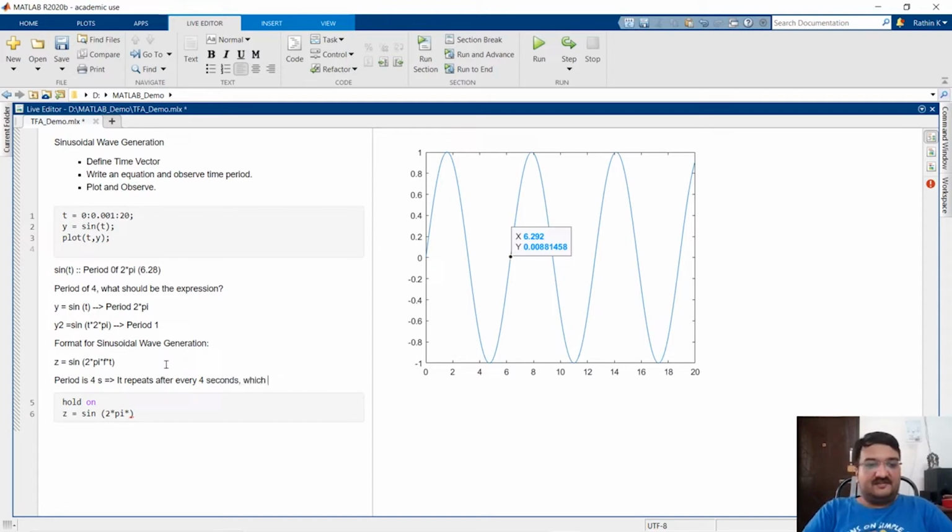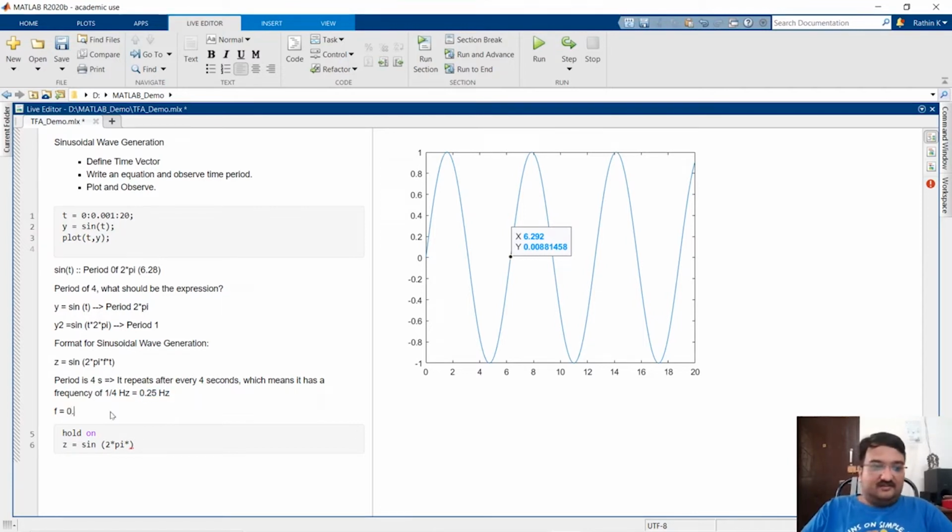And which means it has a frequency of 1/4 hertz, which is nothing but 0.25 hertz. So your frequency, or how rapidly you want this sine wave to repeat, is 0.25 hertz.